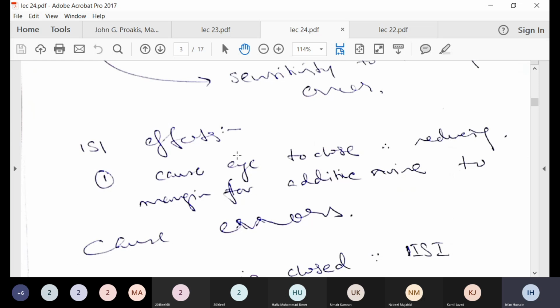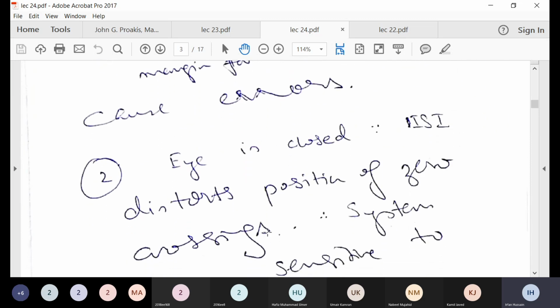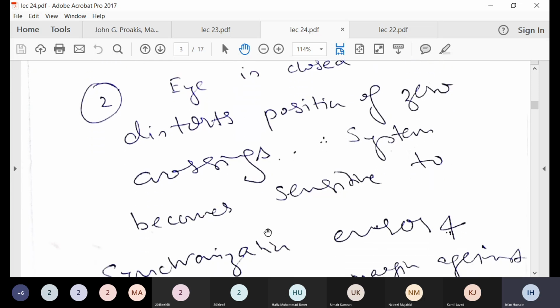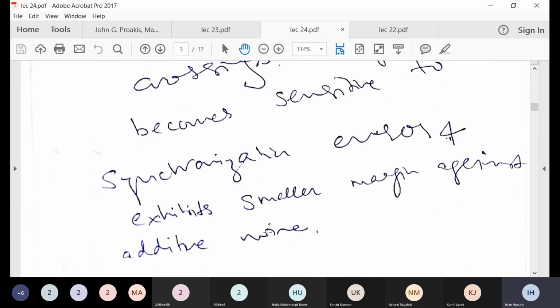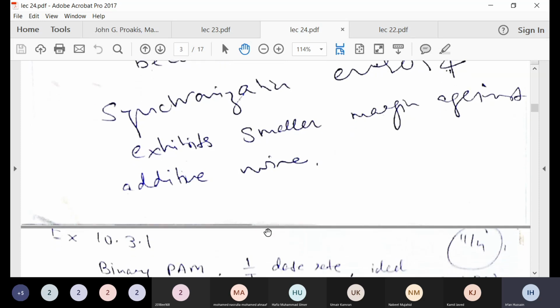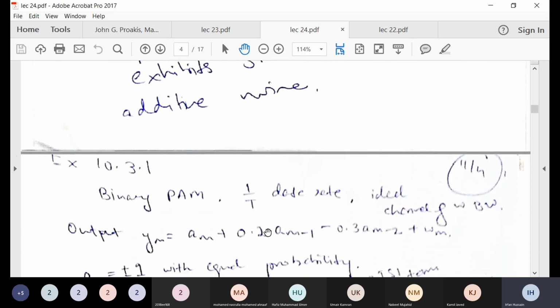So it causes the eye to close, reducing the margin for the additive noise to cause errors. When the eye is closed, the position of the zero crossing will also be distorted, and it represents a very small margin against the additive noise. A little bit of noise will cause problems.